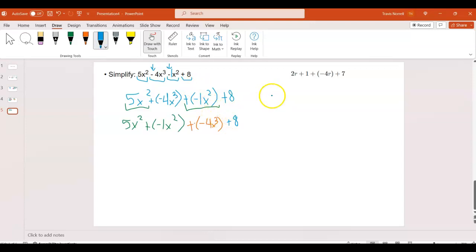Notice neither one of those last two terms have a like term to combine with.